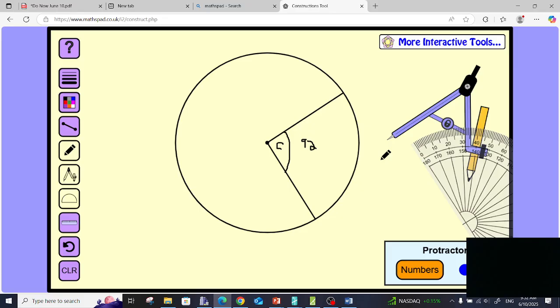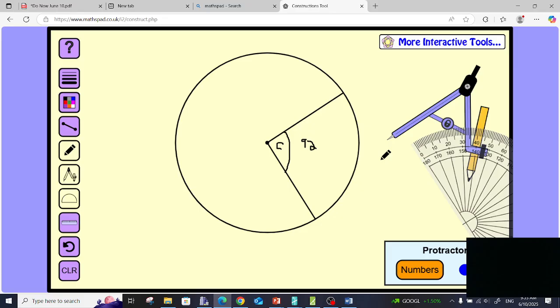Okay? So this is a central angle. It's made from two radii from the center, and these two are equal. So if I called this A, and I called this B, I would say that arc AB is equal to 92 degrees, right?